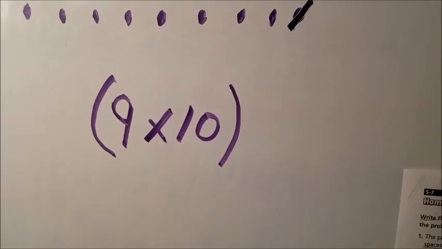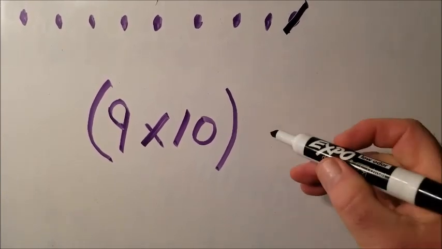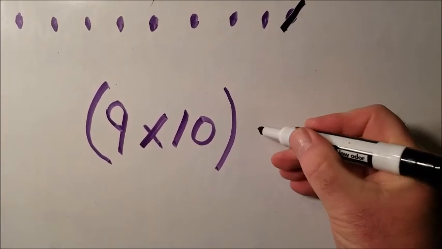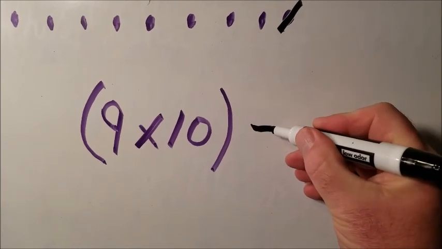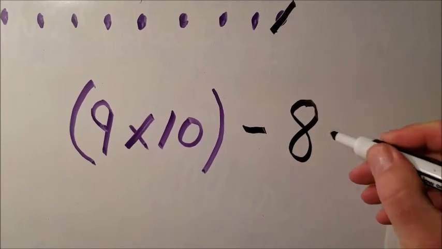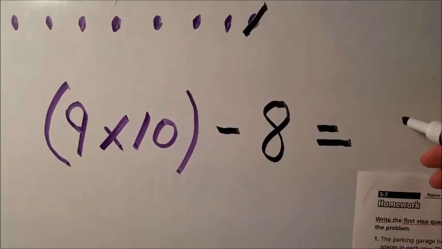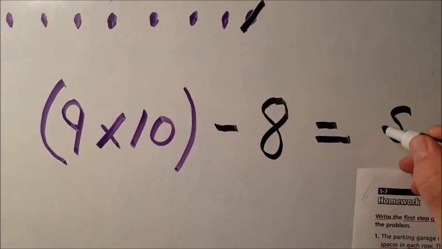Let's add that to the equation that we're building. We marked off, that's like subtracting, and it was 8 spaces. That is going to be equal to, let's say, the variable s for spaces.